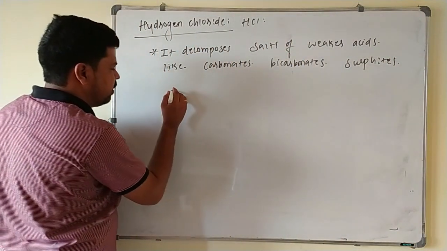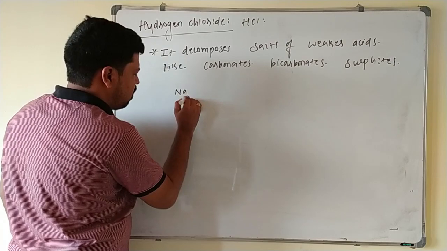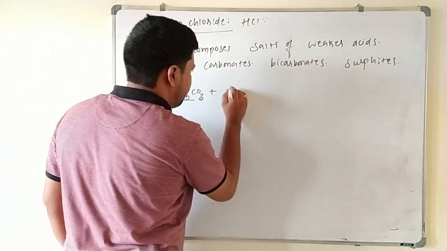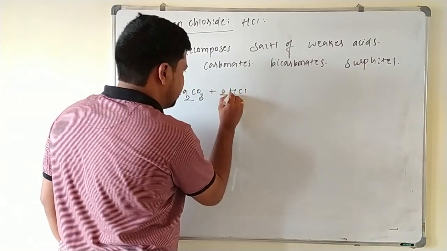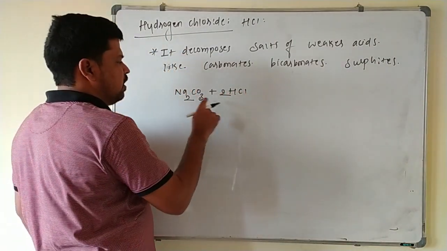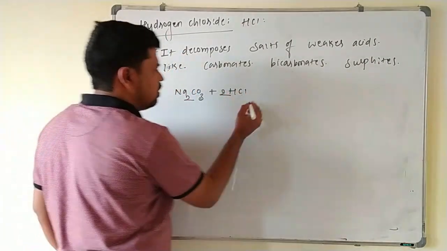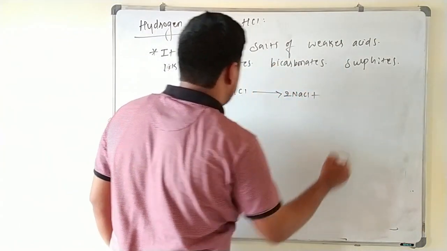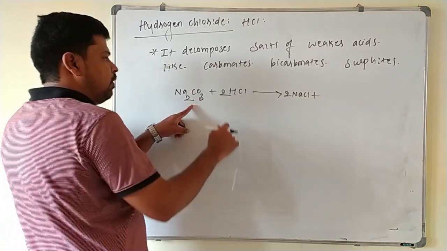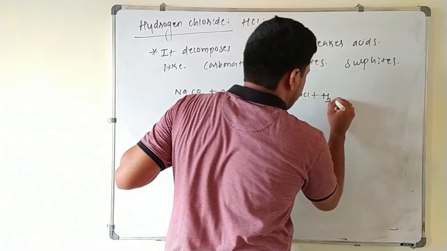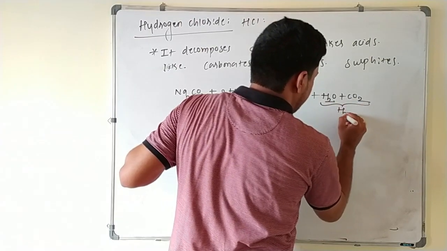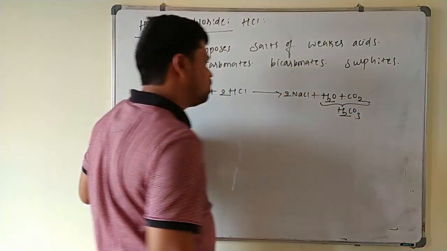So if you take Na2CO3, this on reaction with HCl will take 2 times of HCl, so that this chlorine combines with sodium, formation of 2 times of NaCl. Here one oxygen combined with 2 hydrogen, formation of H2O plus CO2. These two collectively can write H2CO3 also.